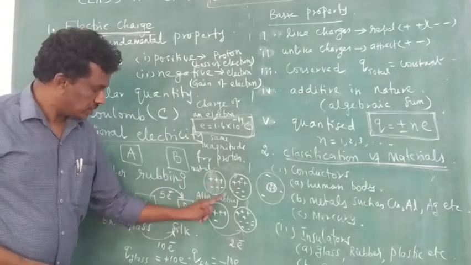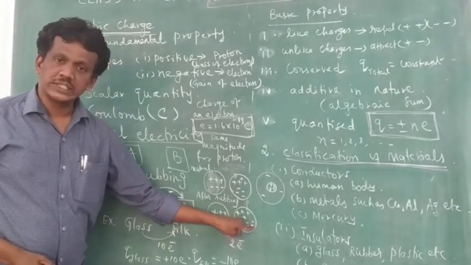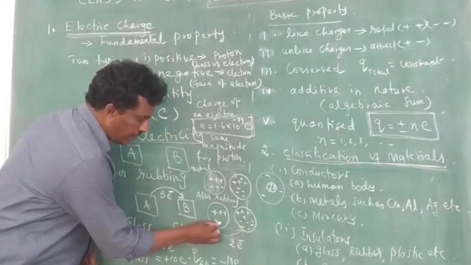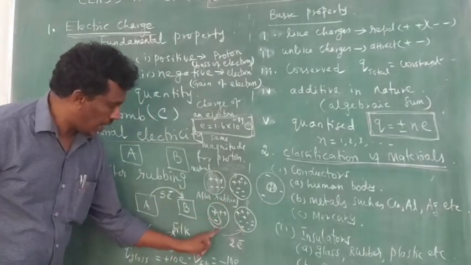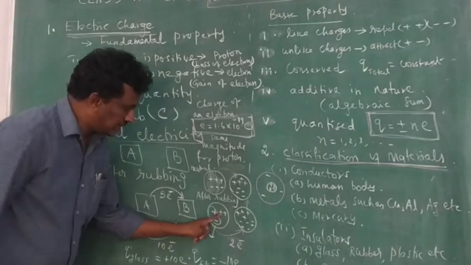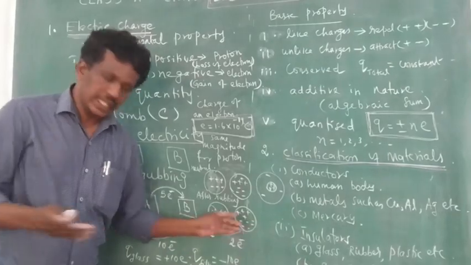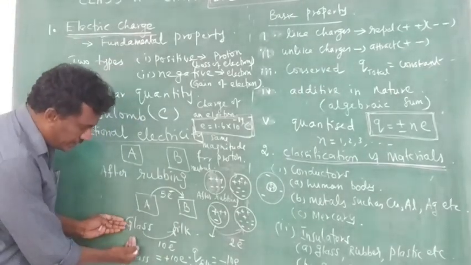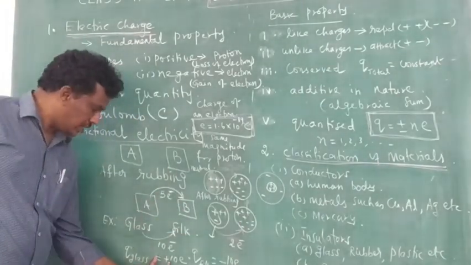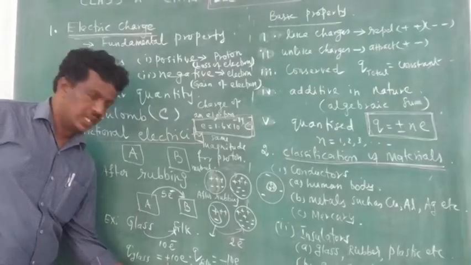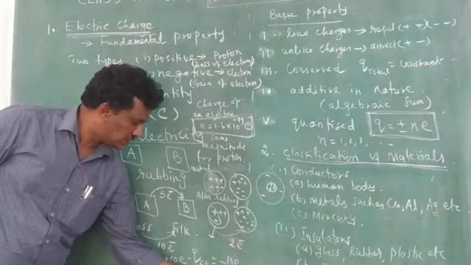Both were neutral. Now electrons are transferred, so automatically it is cancelled. So in this case you have plus 2e, in this case minus 2e. The same way here, suppose the 10 electrons are transferred, the glass gets plus 10e and the silk gets minus 10e.